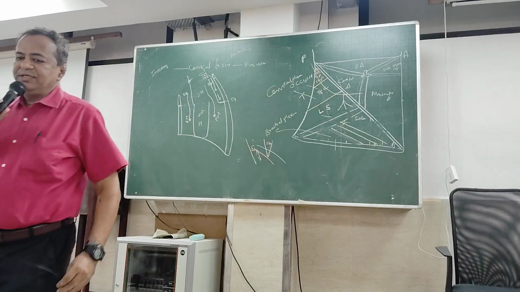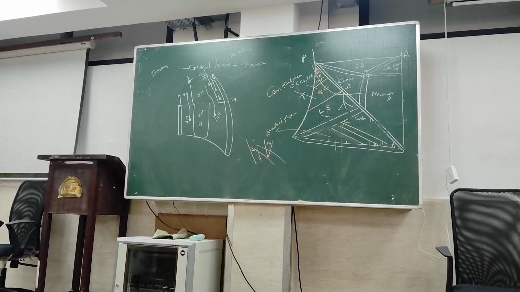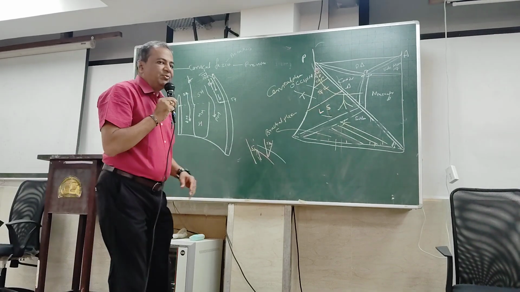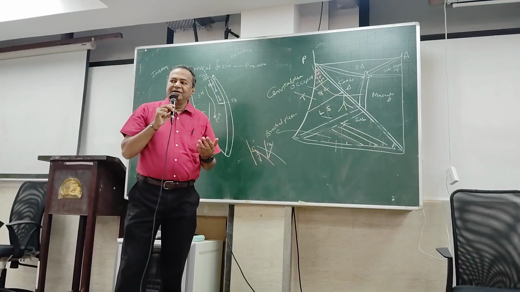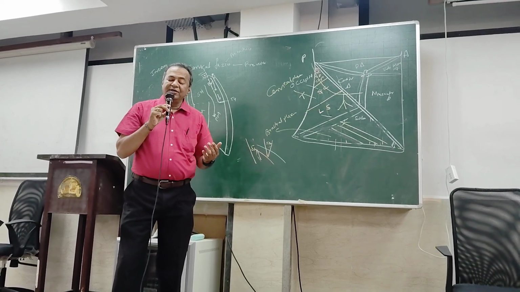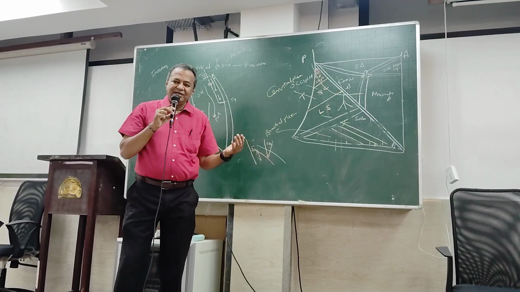What is happening is, you have read that pectoralis minor divides the axillary artery into three parts.